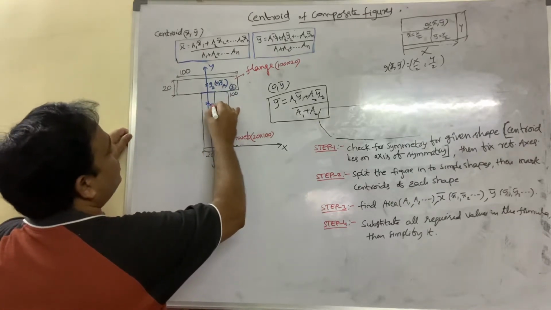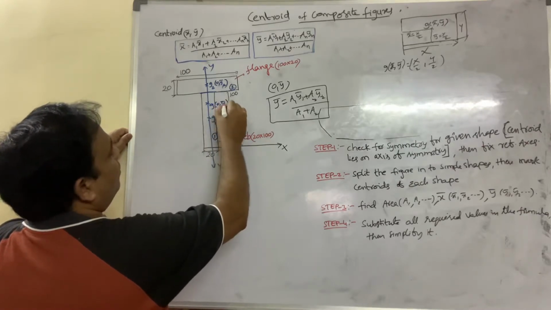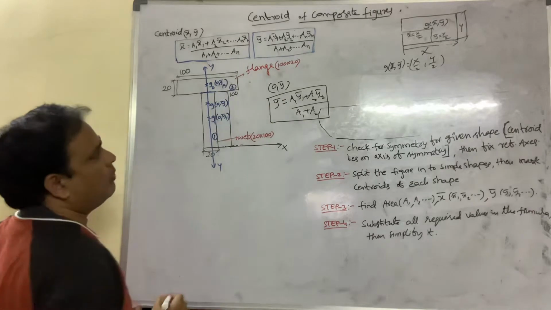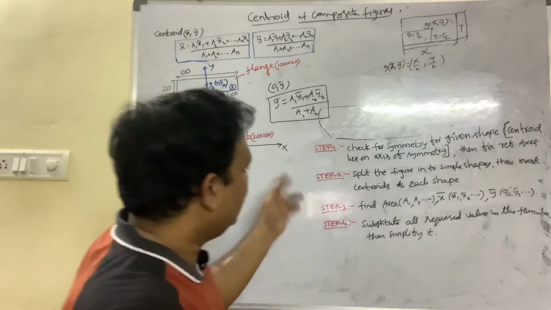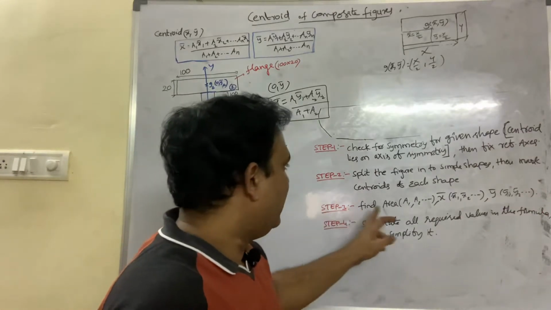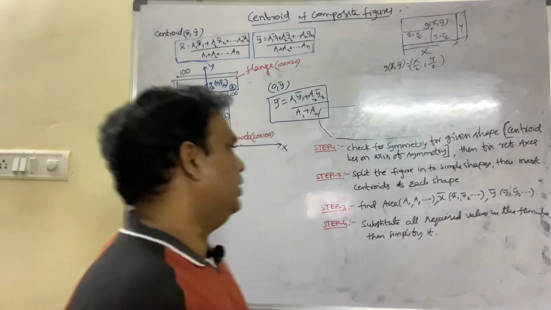Let us say that is G with the coordinates 0 comma y bar, where y bar is a1 y1 bar plus a2 y2 bar by a1 plus a2. Next, step 3. Find areas and x bar, y bar for all simple shapes.